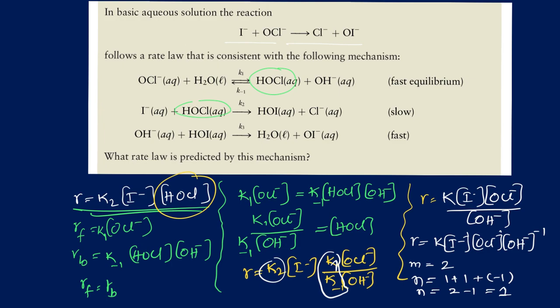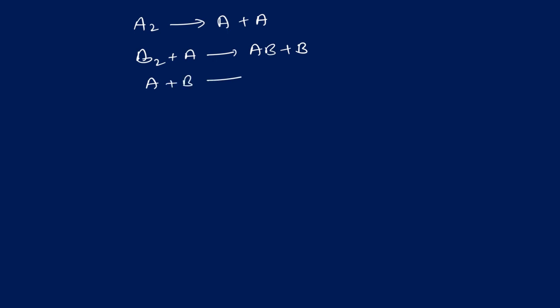That is very clear. Already I gave one mechanism: A2 converts into A plus A, B2 plus A converts into AB plus B, and A plus B converts into AB.